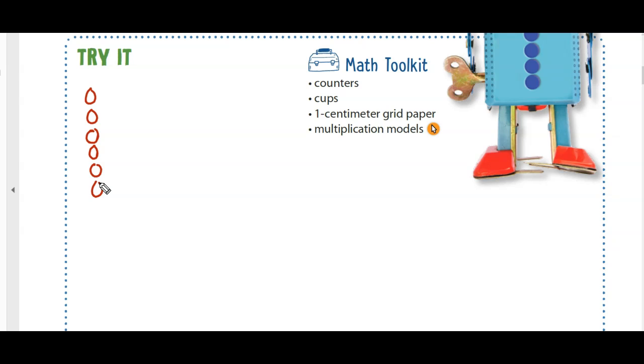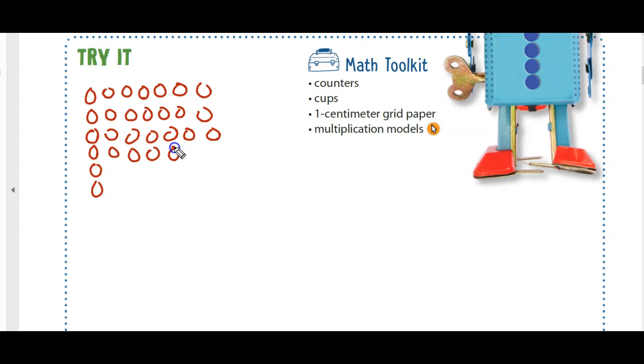We just said it. 7. 2 antennas and 5 buttons. So I would just make 7 dots in each row, 6 rows. That would be my array, and then just count all the dots, right? Which would be 42. So again, the 3 strategies I could use: skip counting, equal groups, or draw an array.